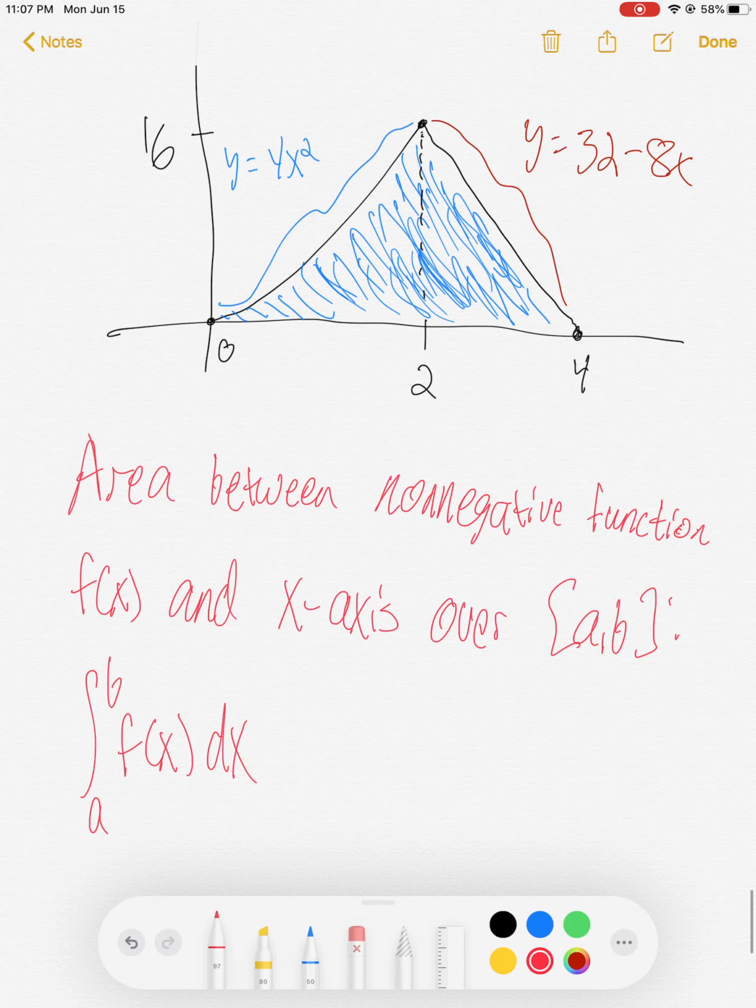But if we have a non-negative function, the formula is nice and simple. Between a non-negative function, f of x, and the x-axis over the interval, say, a to b, all that we have to do is integrate from a to b our function, f of x dx.